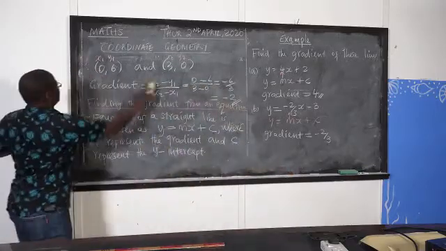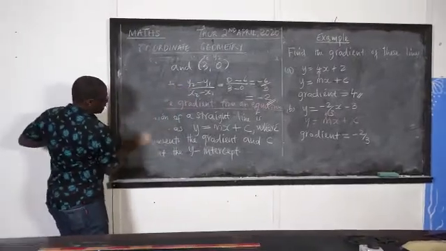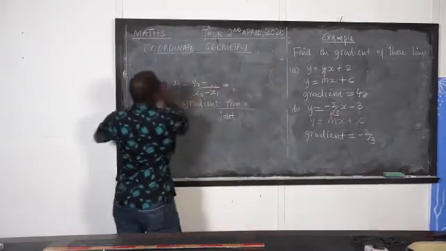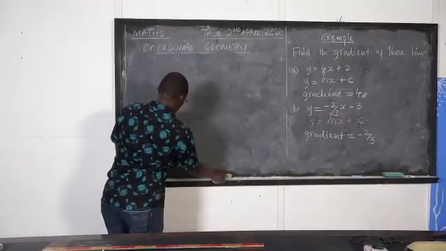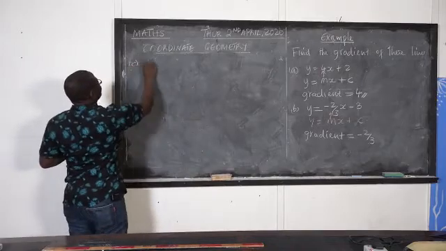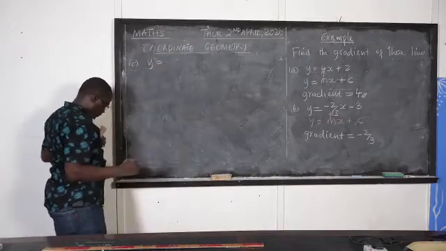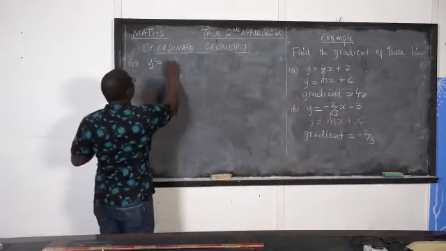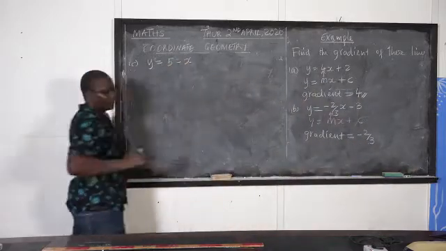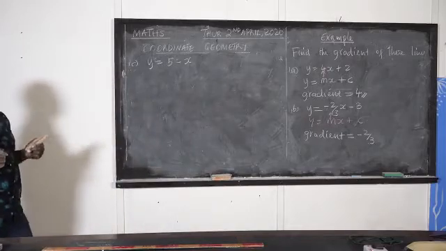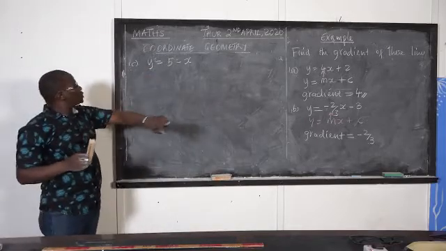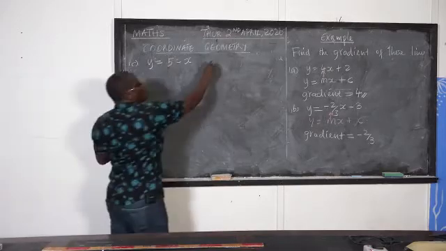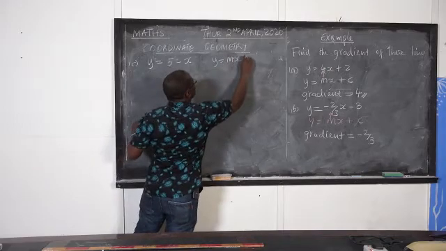So example C. Now you need to be a little bit more careful. In C, you have y equals 5 minus x. Most students will rush to say that the gradient is 5. No. Please always consider the general form of equation.